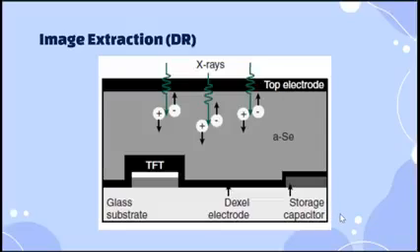At the same time, a negative charge placed on the Dexel electrode, which is here on the bottom part, causes the positively charged holes to drift downward. Since it is negatively charged, your positively charged hole gets attracted to this area. So the electron and the hole separate, the electron moving upward and the positively charged hole moving downward.